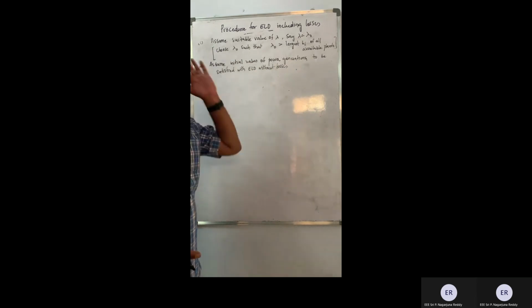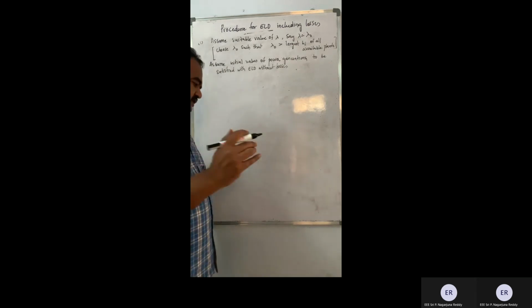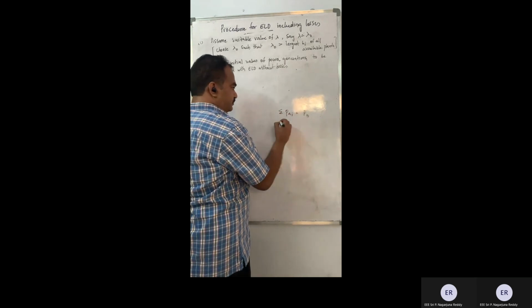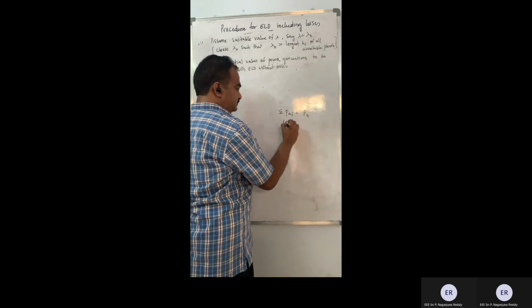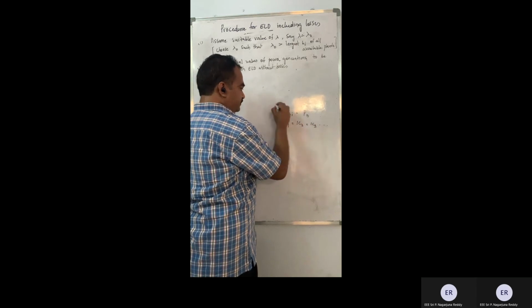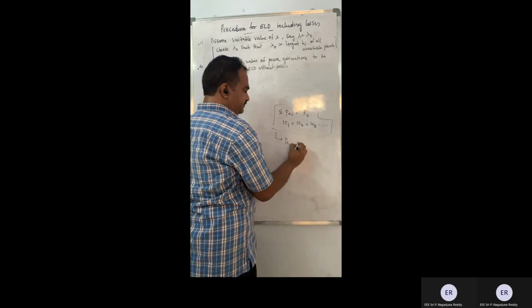So how should we go with the initial value of power generation? What you are supposed to do is that, first of all, you exclude the losses, as we have done in our previous classes. Exclude the transmission losses, and just with these two equations, you calculate PG1, PG2 and PG3.